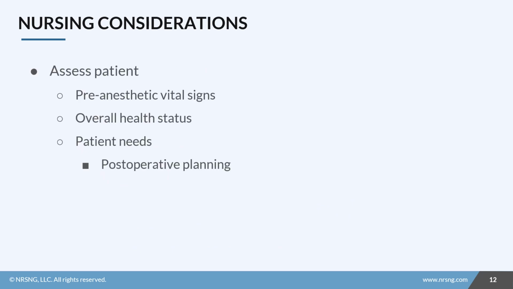So the patient should have a complete overall health status assessment, pre-procedure vital signs, and planning of the patient's needs before, during, and after anesthesia. So go check out the specific lessons we have on the preoperative nursing priorities and preoperative nursing assessment.